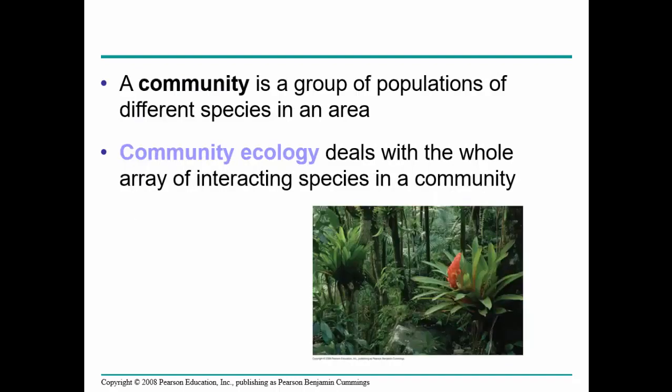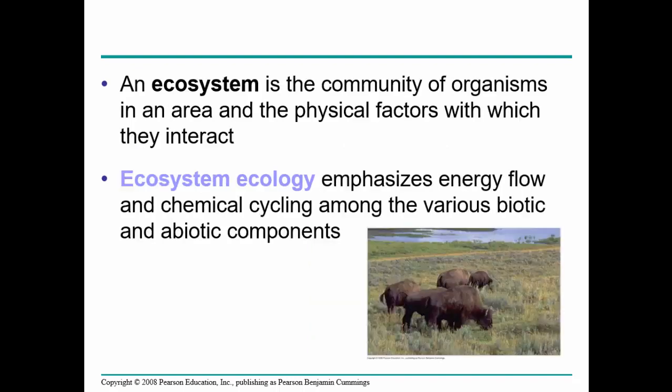Now, like I told you before, populations together become what we call a community. A community is a group or collection of populations, and the ecology that studies it we call community ecology.